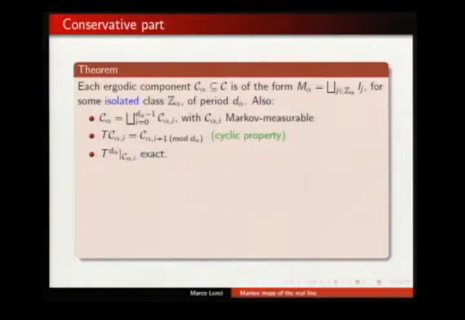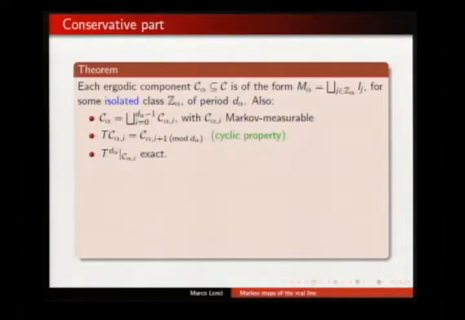I cannot really point to a reference, but it's, as they say, folklore. Everybody knows that these things are true. But here we have problems because we have the dissipative part, and we have two types of dissipative parts, and you will see that the second one is a tougher piece of cake, actually.